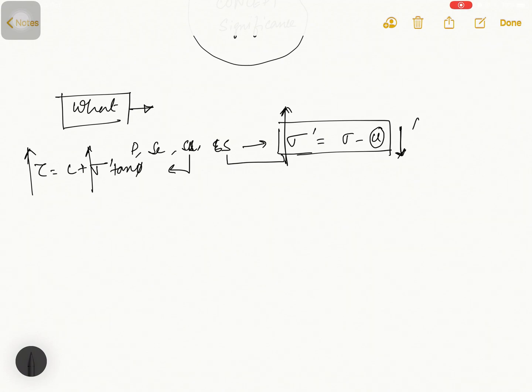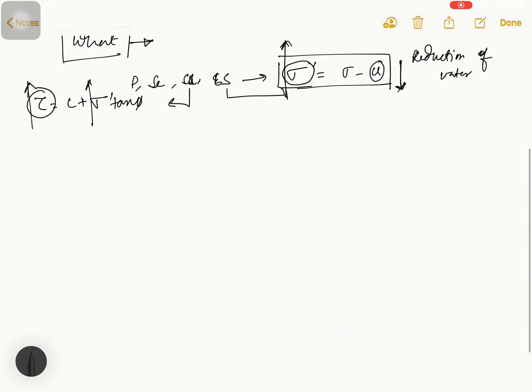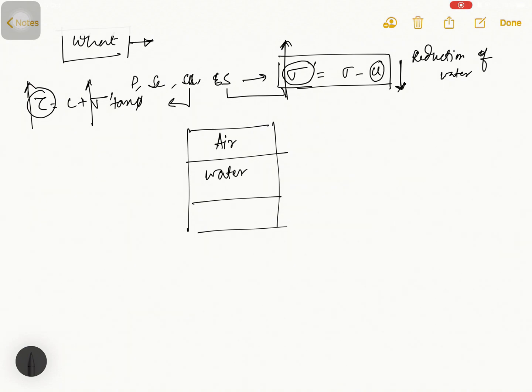Okay, so now the question is: we understood that reduction of water is good for increasing effective stress as well as increasing shear strength of soil. But how do we reduce it? We know that soil is a three-phase system, where you will find air, then water, then soil solid. So to reduce pore water, first you have to reduce air, then reduce water.